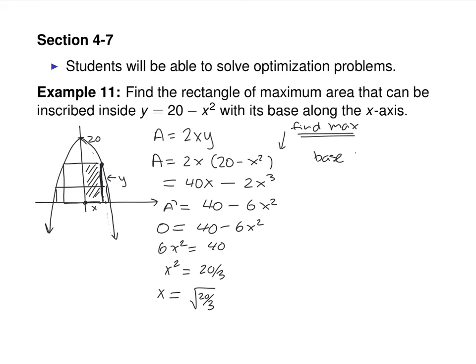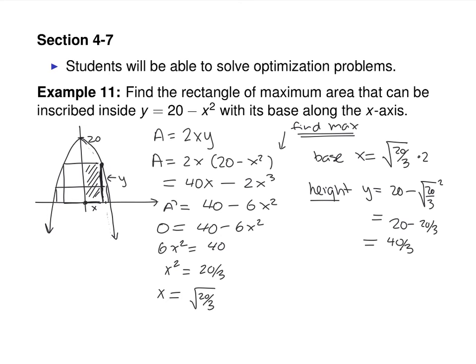So the base is x equals root 20/3, technically times 2, right? How would you find the height? Put it into y. So y would equal 20 minus root 20/3 squared. So 20 minus 20/3, I think is 40/3.